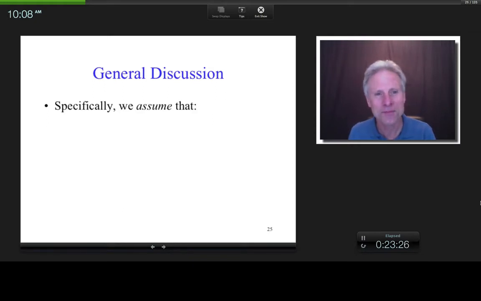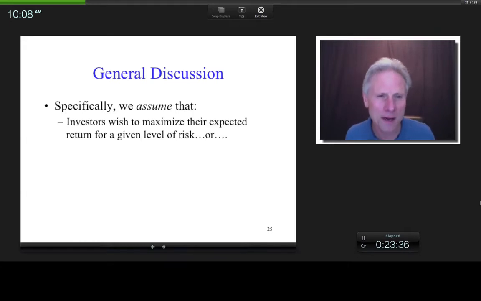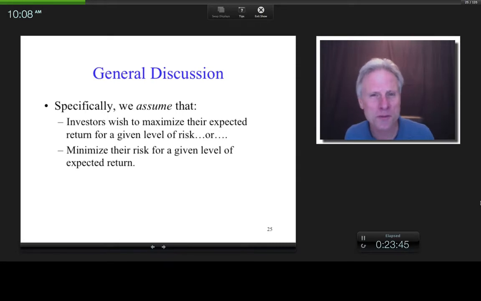In any case, what we're assuming specifically is that investors want to maximize their expected return for a given level of risk. Or another way of putting that is minimize the risk for a given level of expected return. And I say another way of putting that, to be honest with you, I'm being a little bit loose, in the interest of simplicity.